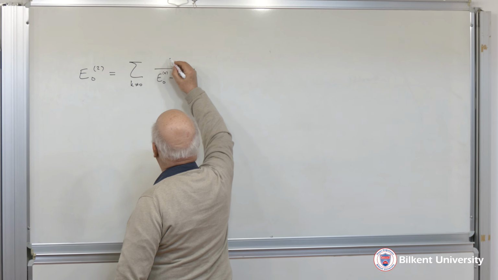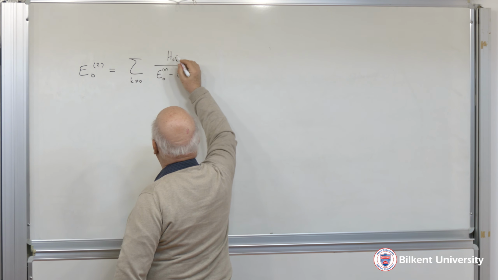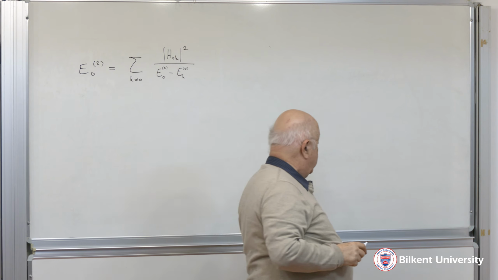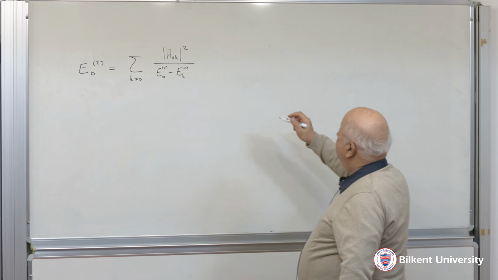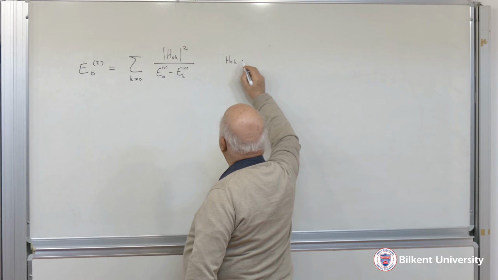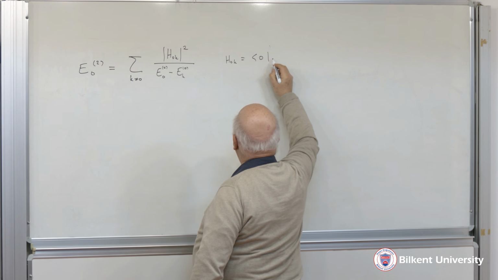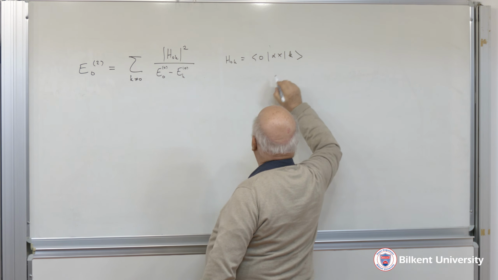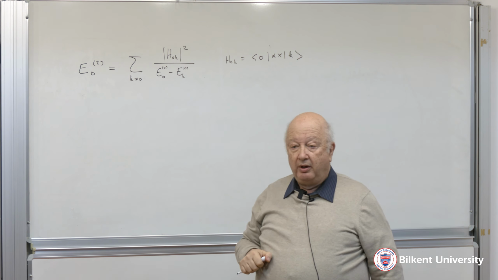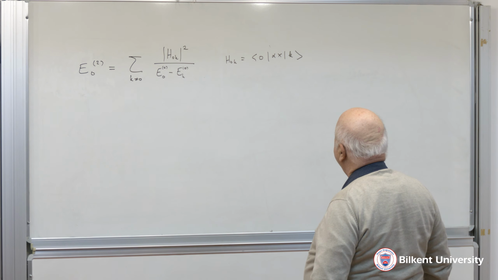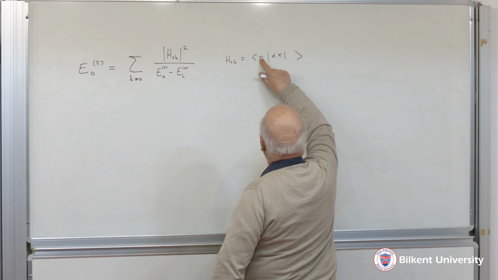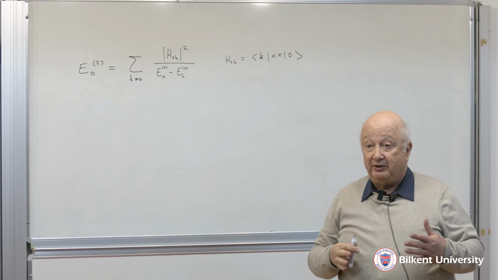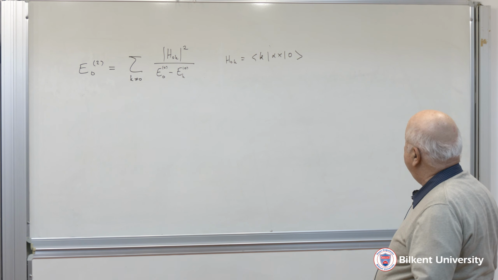And in the numerator, I have the magnitude squared of h0k. So when I look at this expression, h0k is <0|alpha x|k>. Yeah, I should have written it the other way around, which in fact will make my discussion a little bit more transparent. One is the Hermitian adjoint of the other, so it doesn't really matter which way you do it. We are going to take the magnitude squared anyway.